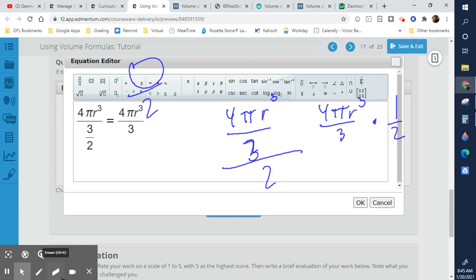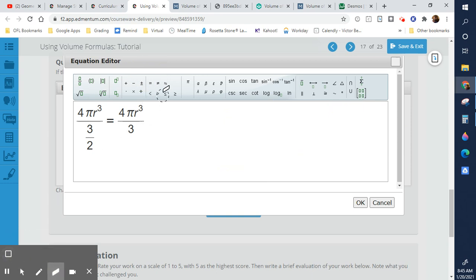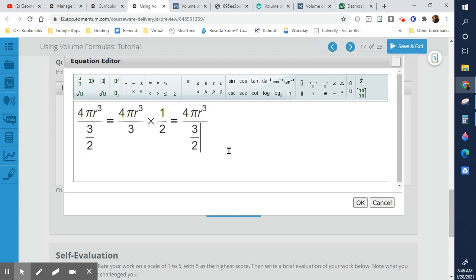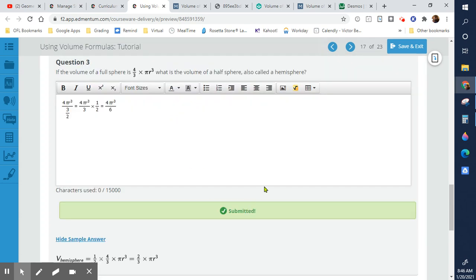Where's the multiplication sign? Let me erase this. Over 2. And oops, forgot the equal sign. Actually, you know what I'm going to do? I'm just going to paste that same thing. Boop, boop, done. All right.